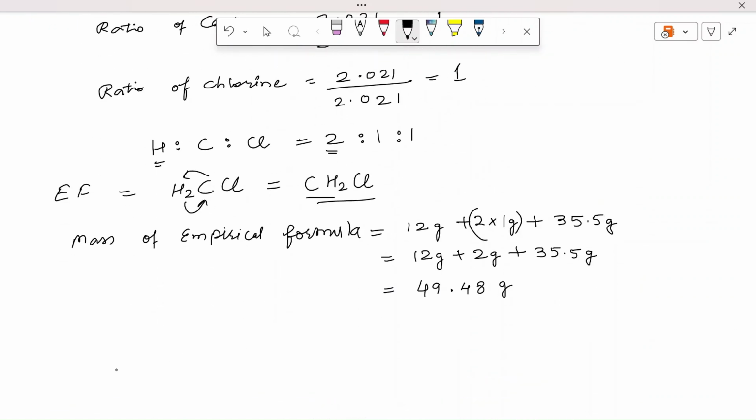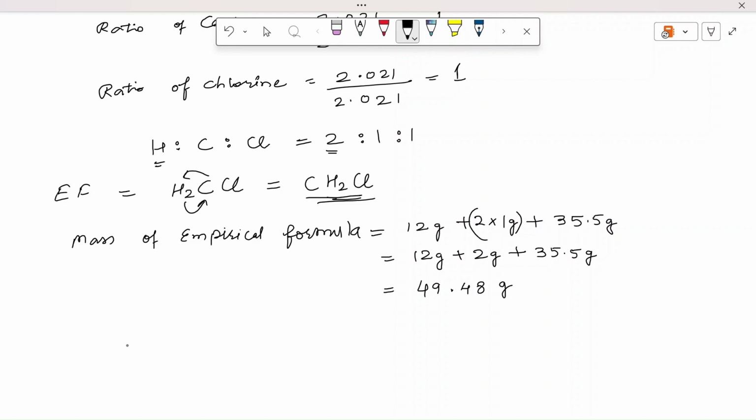It means our molecular formula is a little bit different. So how can we calculate it? We have to calculate the n factor. The n factor is a factor which can be multiplied with the empirical formula of the compound.